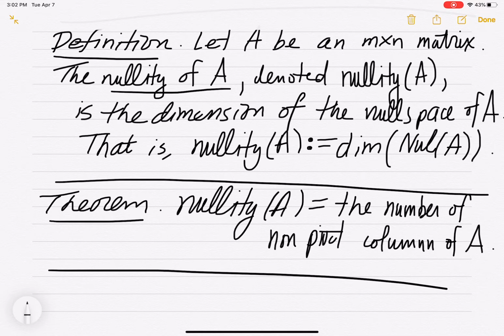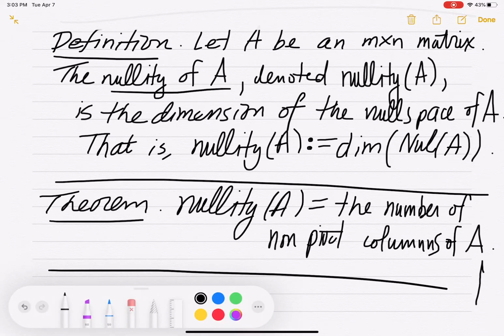The number of non-pivot columns determines the number of free variables. So free variables correspond to non-pivot columns, and that's what's going to give you your basis for your null space. So the number of basis vectors is your nullity. So the number of non-pivot columns of A is the nullity of A.